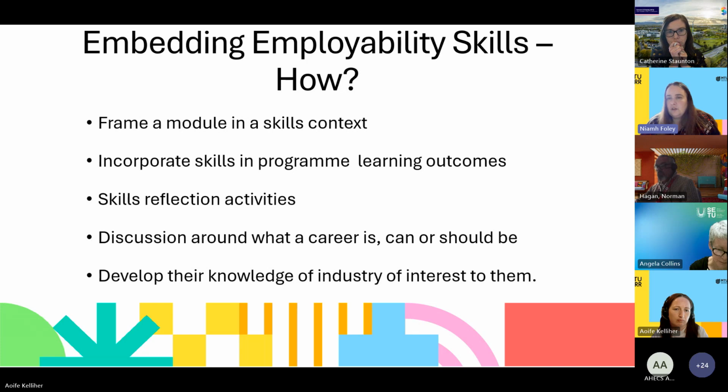And the discussion then on career. What is a career, or what can a career be, or what should a career be? Three very different and interchangeable questions.